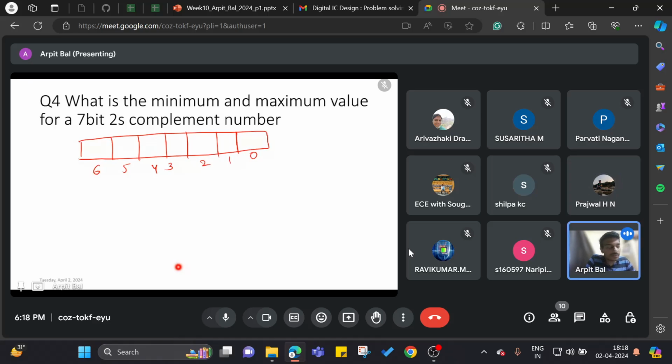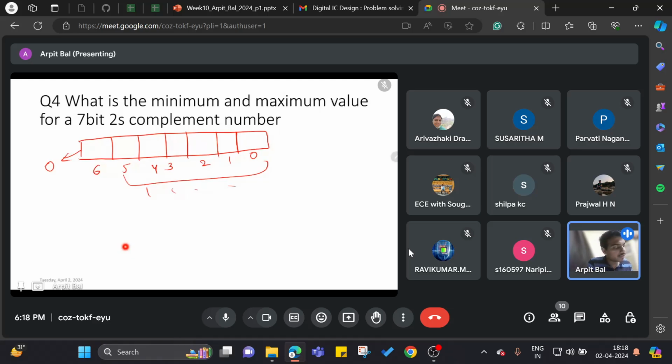So for maximum, what should this bit be? 0. And the rest can be 1. So putting a 0 here will ensure that the sign is positive. And the rest, the complete magnitude, can have a positive value.